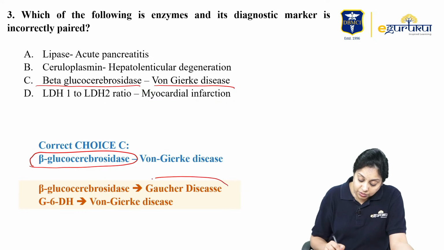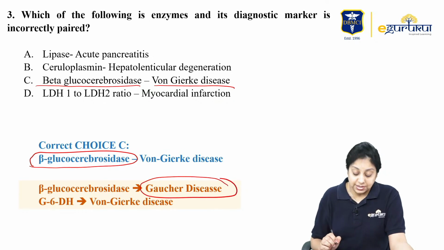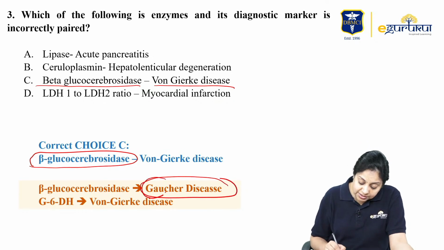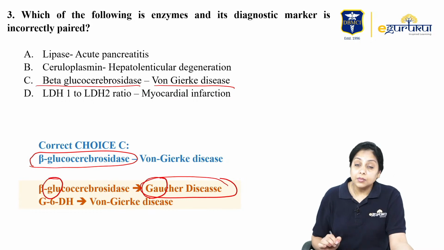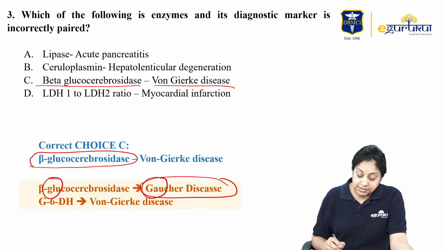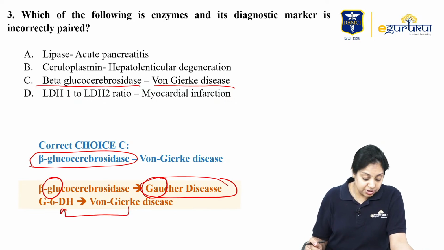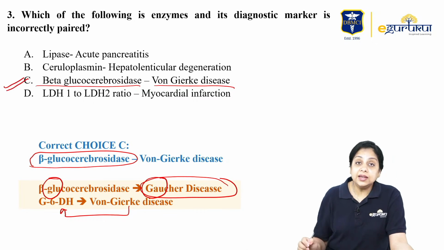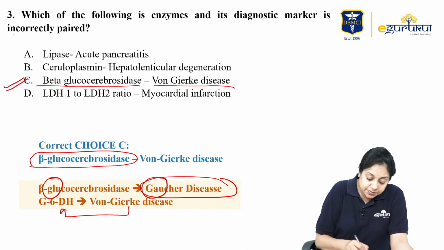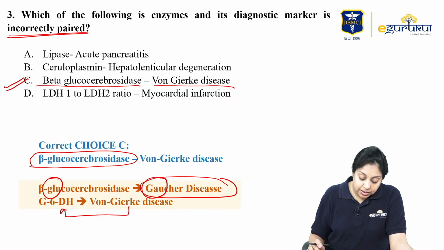No, it is going to lead to the Gaucher disease, right? Gau is glue, right? And von Gierke's disease is because of the deficiency of glucose-6-phosphatase, right? So this is incorrectly paired, and that is what is being asked in the question.